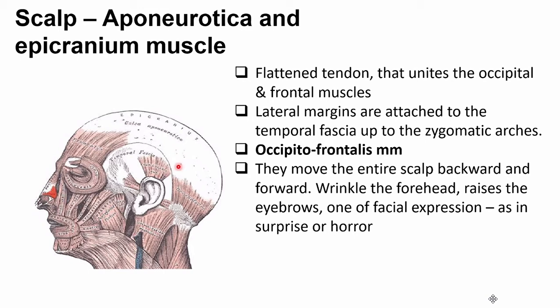Ito yun, this area. So it's actually a flattened tendon that unites the frontalis muscle. There's a muscle belly here, and it becomes a flattened tendon. It's like a flat, white sheet that unites to the occipital muscle belly here, behind your head.